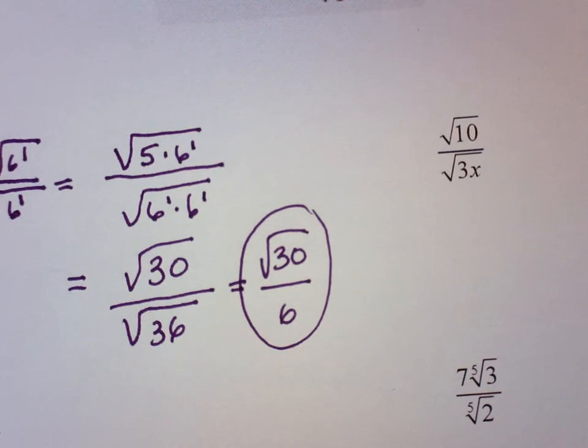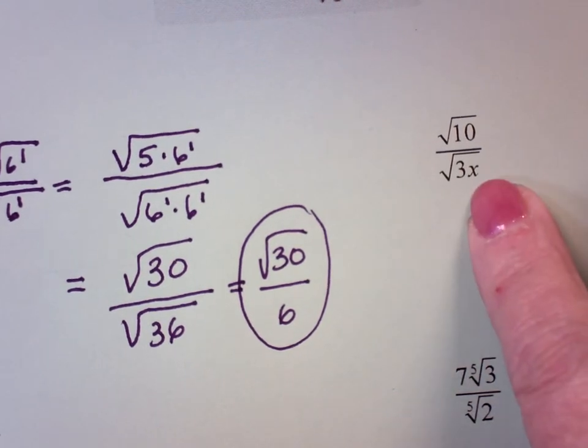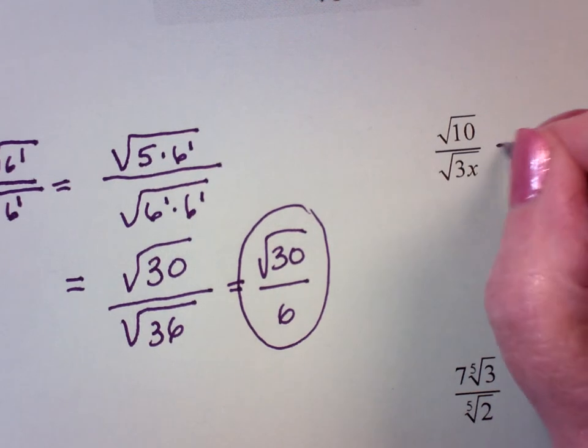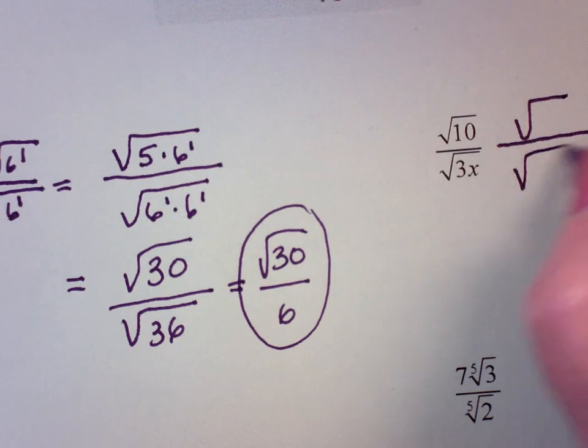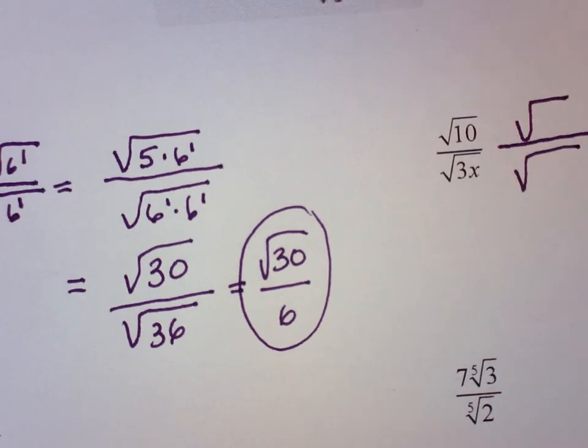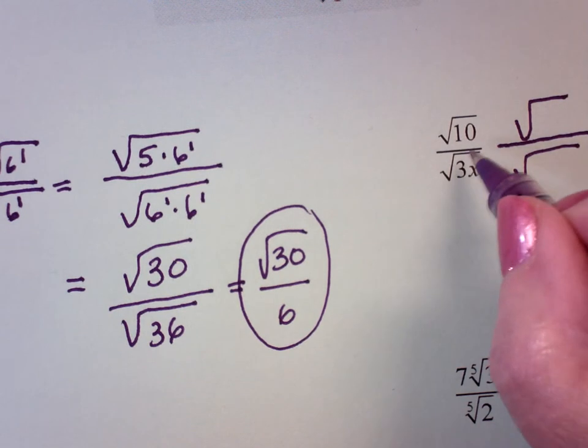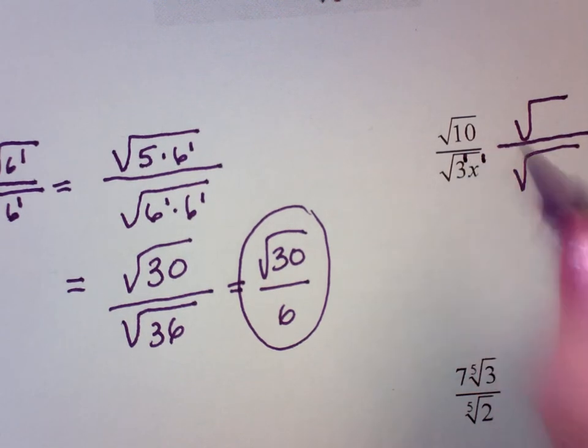Except when you get something like this, you can't use your calculator because the denominator has an x in it. I'm dealing with a square root and a monomial. If it's one thing, you use one thing. And I need to have, this is a 3 to the 1 and an x to the 1.